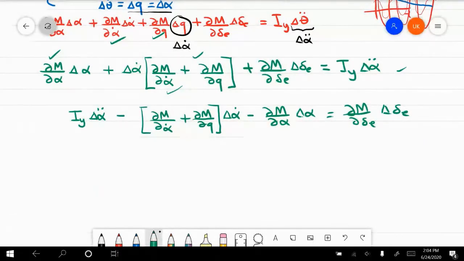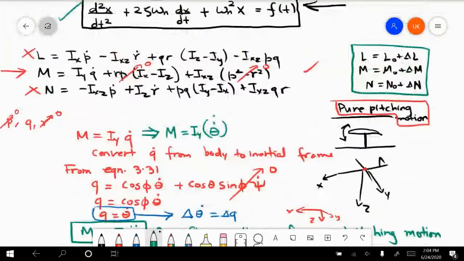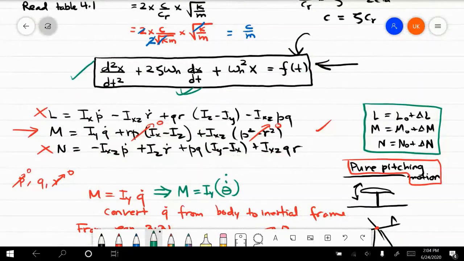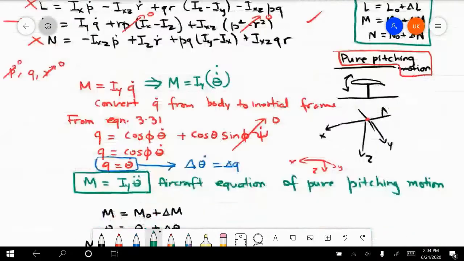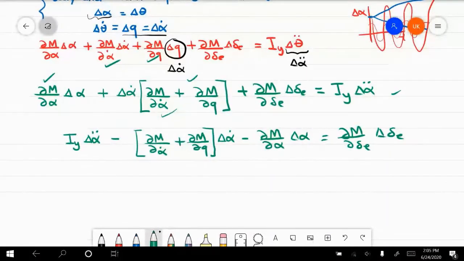Okay, so still this has not appeared in the second order differential form that we want. In this form, it's still not there, and we need to do some more steps to bring it to that form. So divide all sides by Iy. Okay, so we get delta alpha double dot minus dM/d alpha dot over Iy. Oh, not equal. Not equal.